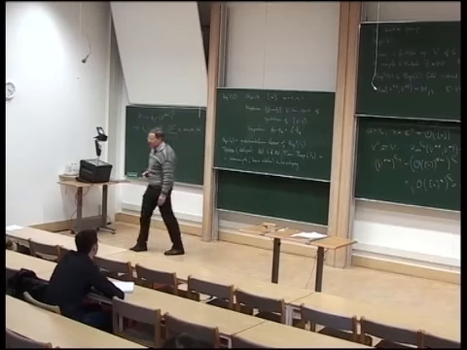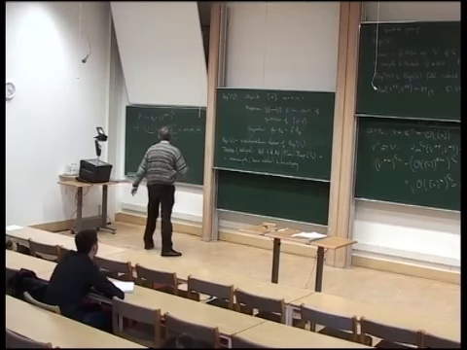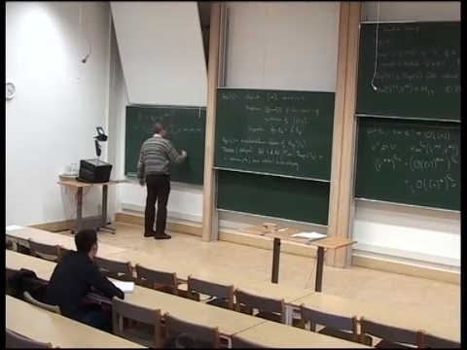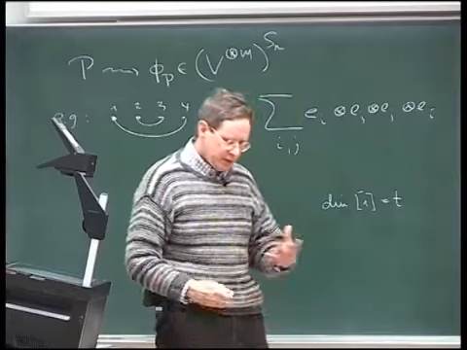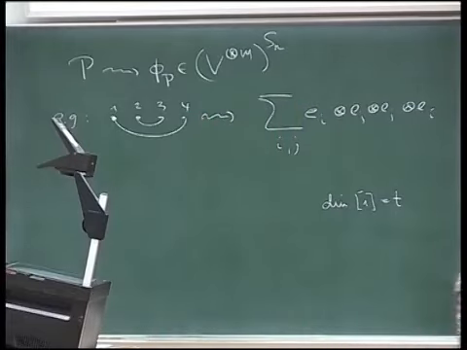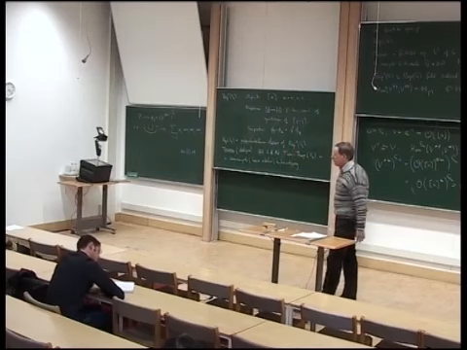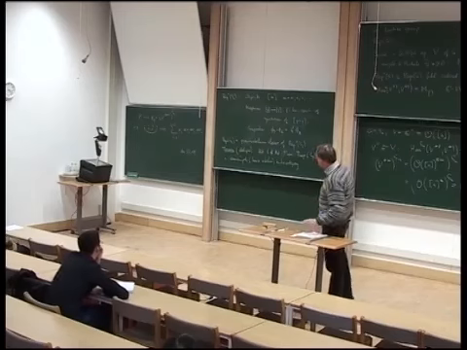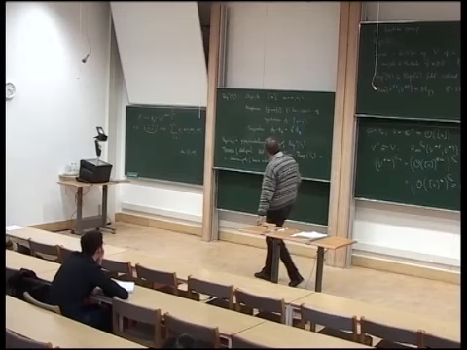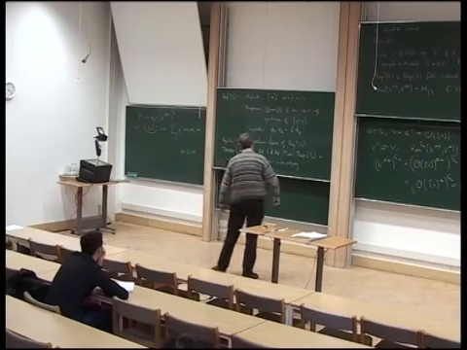This is not a Tannakian category because the internal dimension of the object [1] is t. The dimension of an object is the trace of the identity, and the trace is just a number, and there can be any number. Therefore, if t is not a natural number, this can't be Tannakian.